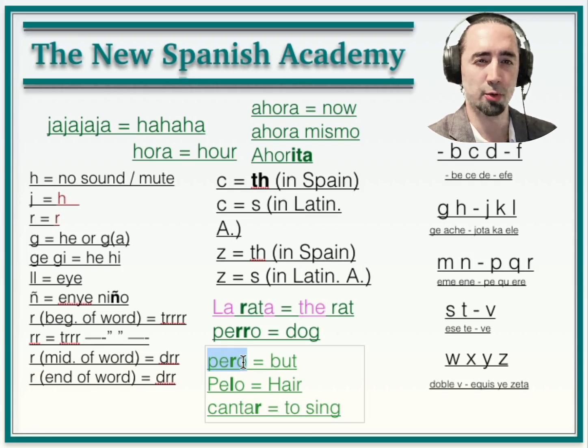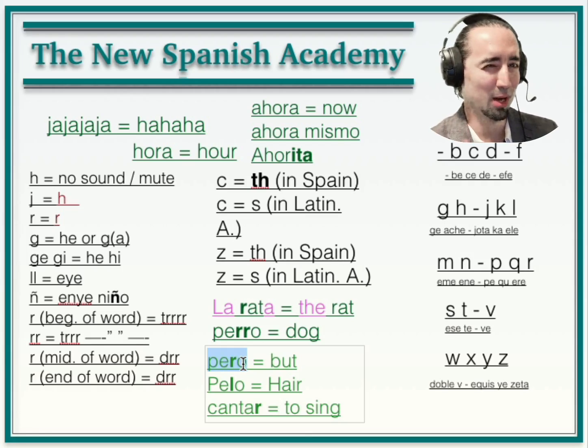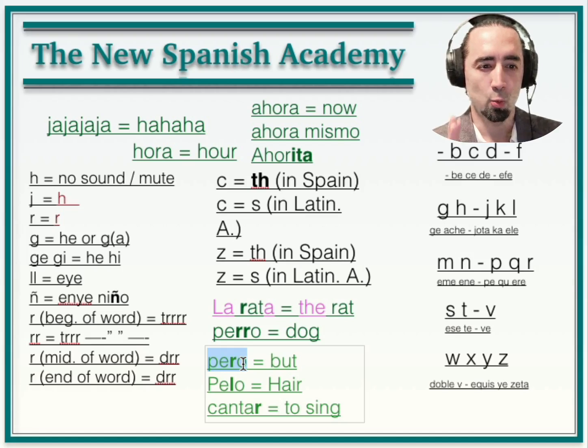So it's better to say perro, and I will be like, did you mean but or did you mean dog? Did you mean perro or did you mean pero? It's better for me to be confused thinking that you said but or dog than me thinking that you said pelo, which is hair. Understand?